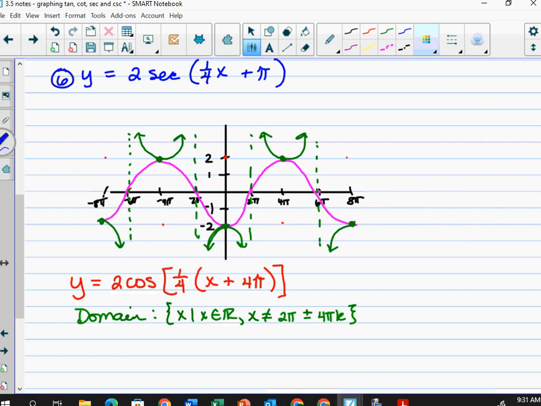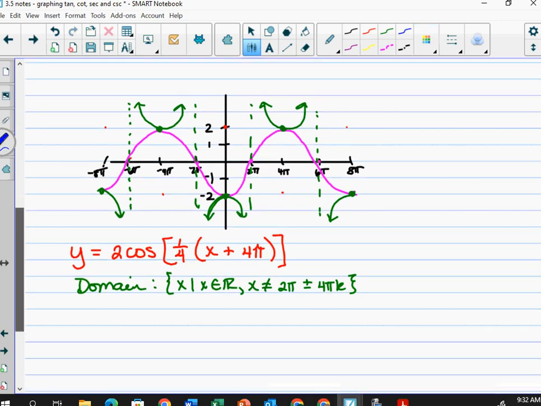Okay. All right, guys, I'm going to scroll down just a little so you can still see the graph, but I'm going to write the next one, okay?